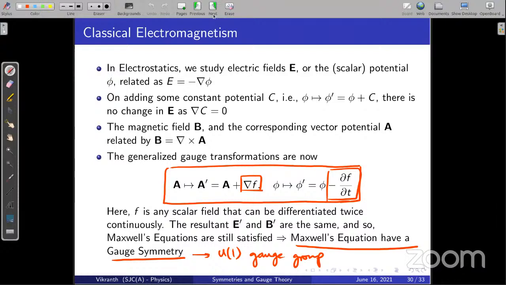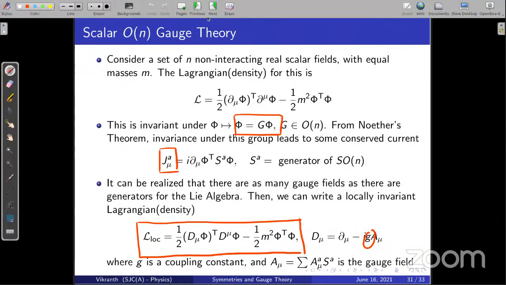My net seems to be acting a little glitchy. I hope the screen is on the scalar gauge theory, because it's different on my phone here. Is it on the scalar gauge? Classical electromagnetic. I think it's a problem with the internet. Let me share my screen again.